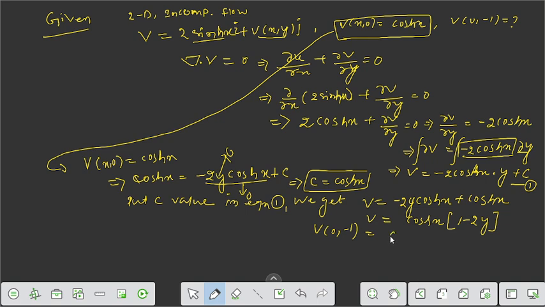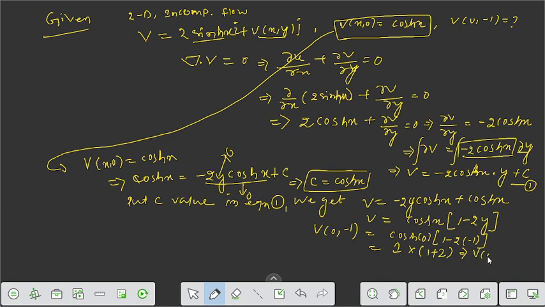We get cosh 0 times (1 minus 2y) with y equal to minus 1. The cosh 0 value is 1, into 1 minus 2 into minus 1, which is minus 2, and minus of minus 2 is plus 2. So 2 plus 1 is 3, into 1.